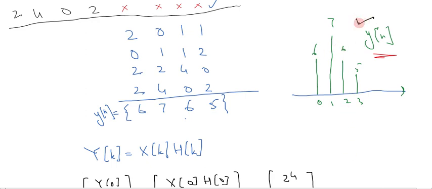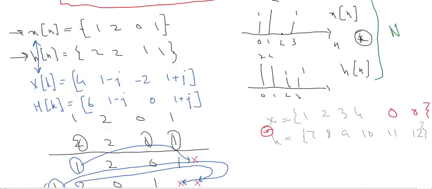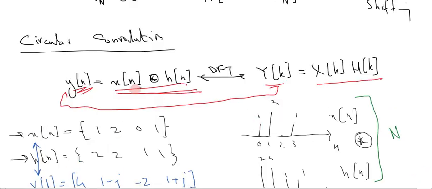This y and this y, they are both the same. So I have proved that if you circularly convolve in time domain, you can find the response by just multiplying the discrete Fourier transforms of signal and system response, and then taking the inverse discrete Fourier transform, you will get y of n.